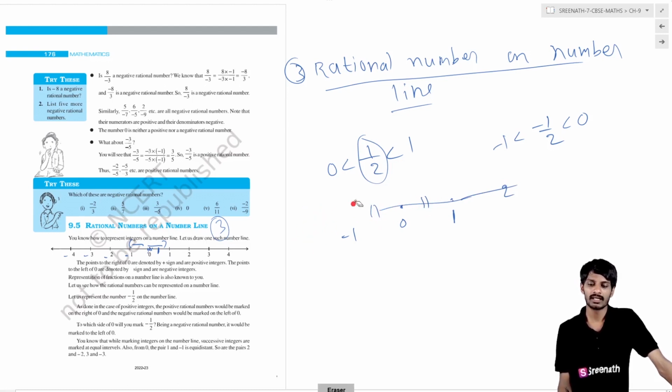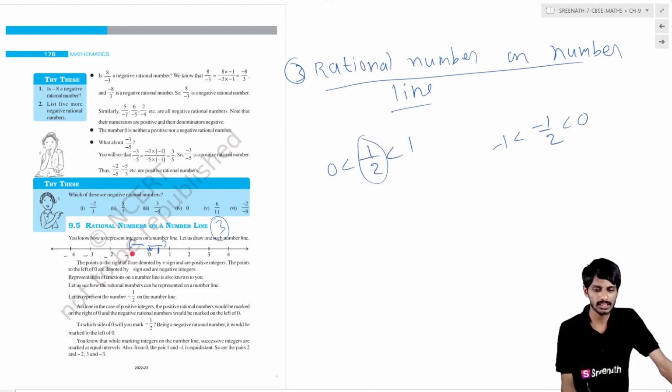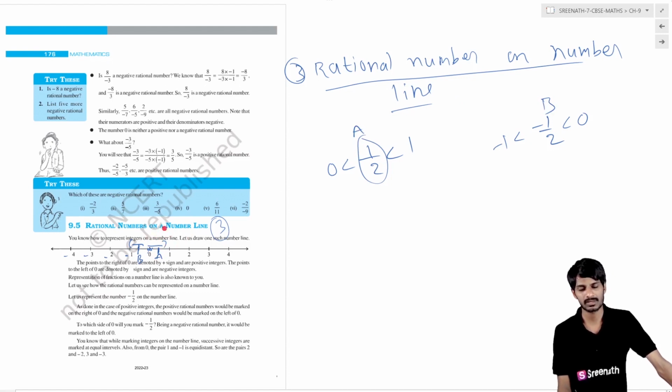In the same way, the distance between 1 by 2 and 0 is equal to the distance between minus 1 by 2 and 0. So it is between minus 1 and 0, and it will be here, which is minus 1 by 2. Suppose we call this A and this B. In this way we can represent rational numbers on a number line.